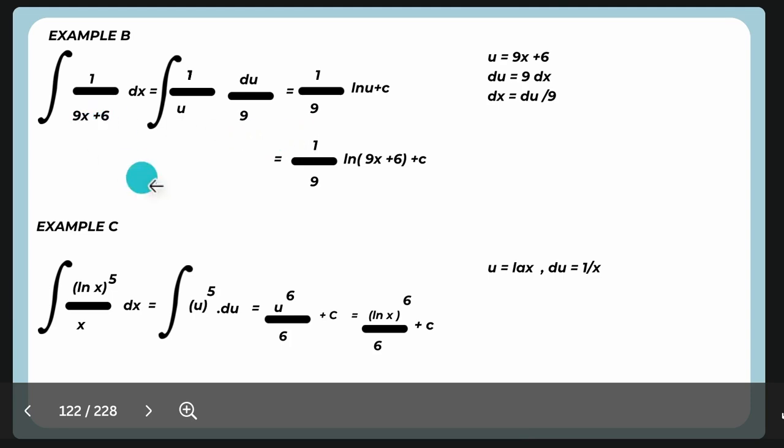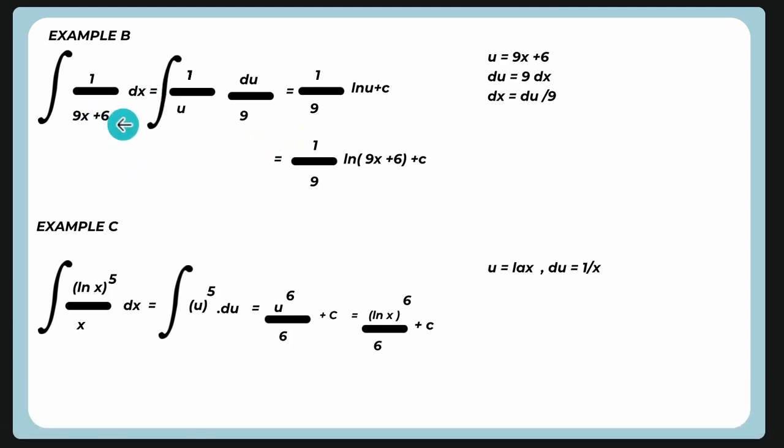So here in this example, you have the integral of 1 over 9x plus 6 dx. Once you look at this, you need to determine, first of all, your u value. So your u here would be 9x plus 6. Your du is a derivative, so you need to find the derivative. We've already done differentiation before, so you already know how to differentiate this, which would be equal to 9 dx. Your dx you need to rearrange, because when you put it back into this equation, you should replace your dx with du.